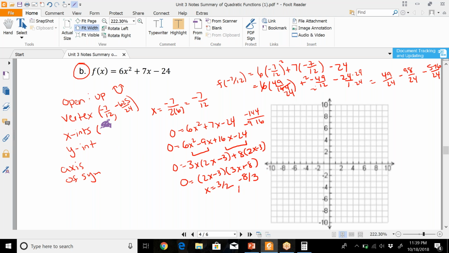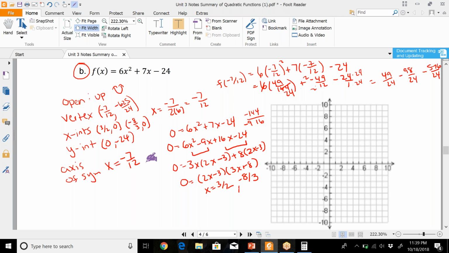So remember, those would be x-intercepts 3 halves, comma 0, and negative 8 thirds, comma 0. The y-intercept is easy. You just look at the constant when you're in general form, so that's 0, negative 24. And the axis of symmetry is the x value of the vertex.